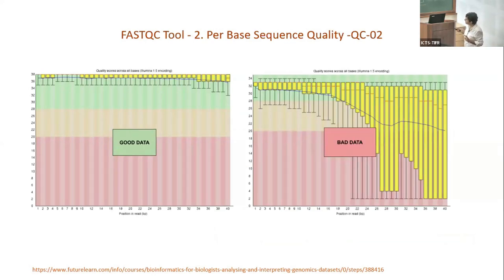So here, all of the sequences are good because all of the Q values are above 20. Many of them are in this sort of 36, 34 range. So this we consider as good data.